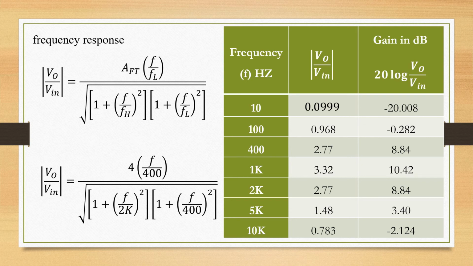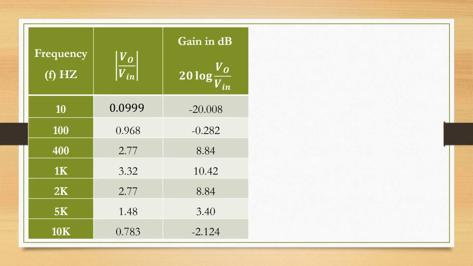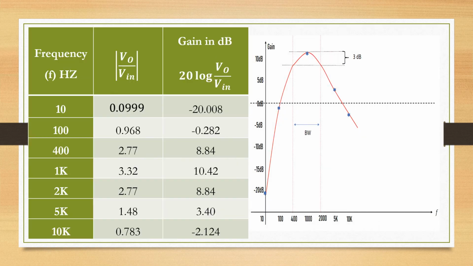Varying the frequency in hertz, we obtain the value of gain in decibel, that is 20 log of V naught by V in. Once we have obtained this table, it will be easier for us to plot the response. So this will be the response varying from 10 Hz to 10 kilohertz and further.